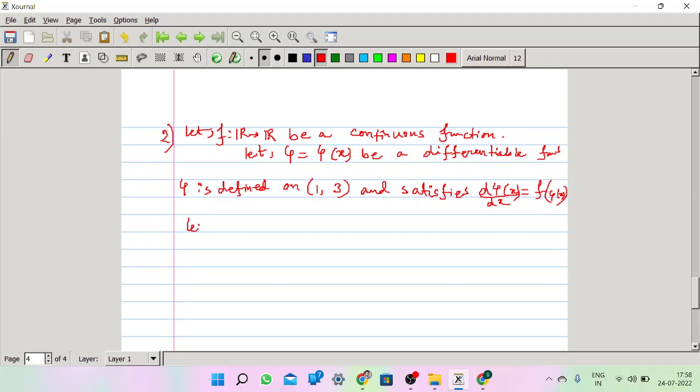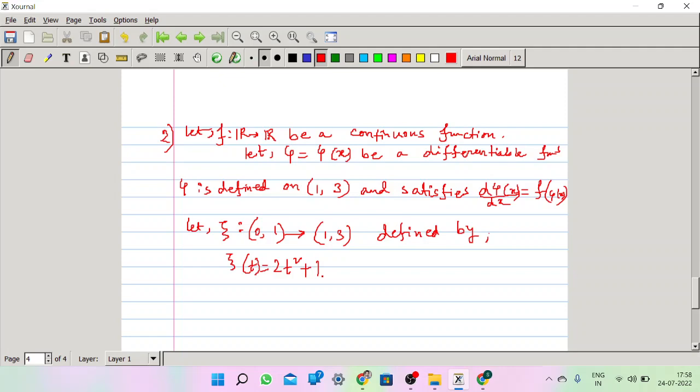Let xi be another function which is defined from 0 comma 1 to the interval 1 comma 3, where phi is defined, such that xi of t equal to 2t square plus 1.